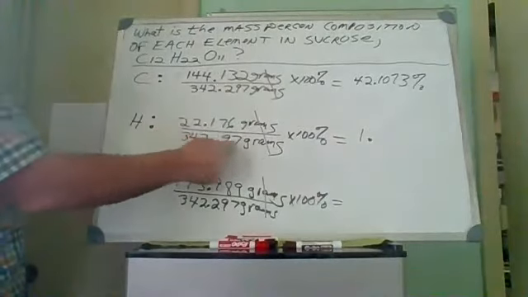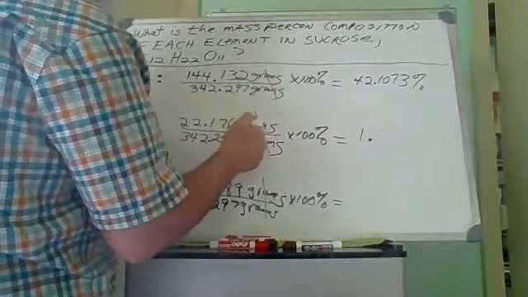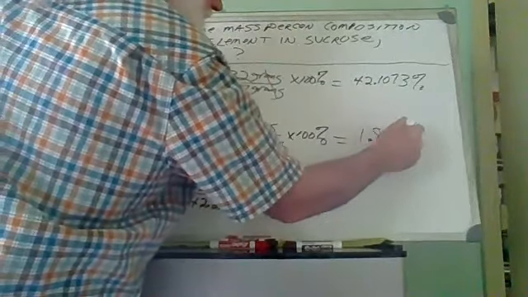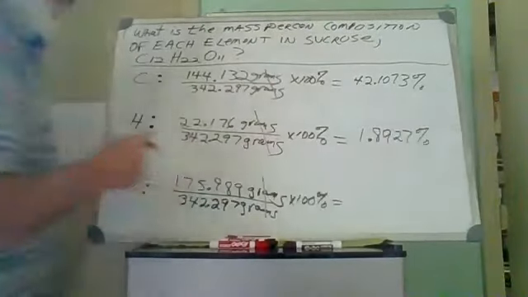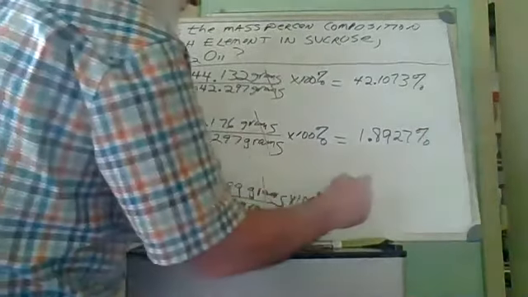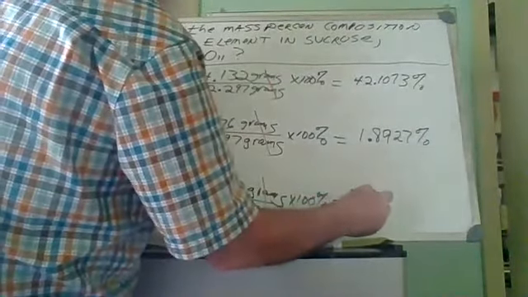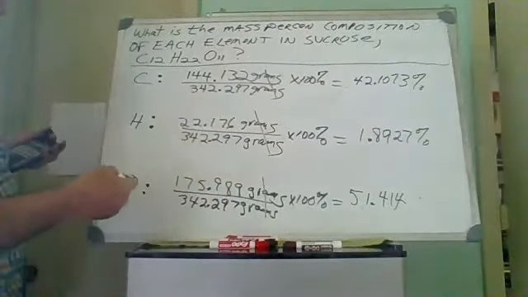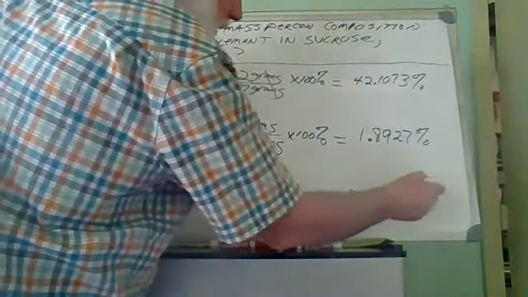I got 1.8927. Put that into the second memory. And last but not least, the oxygen: 51.414, and I should have 6 digits.